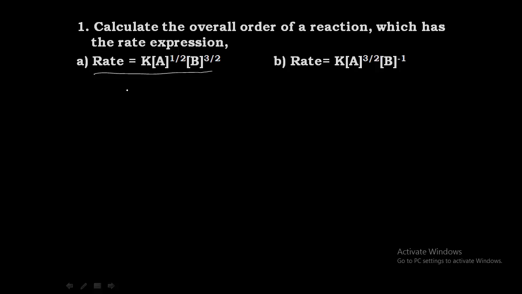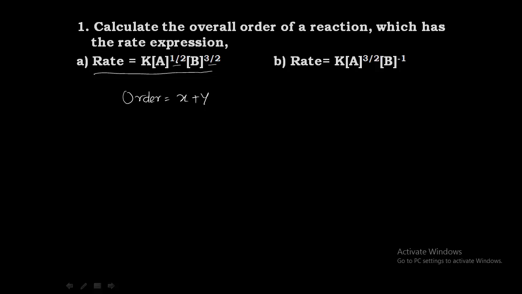That is written as order is equal to x plus y, where x and y are the powers of the concentration terms. So here the concentration of A to the power 1 by 2 is there, and the concentration of B to the power 3 by 2 is there.